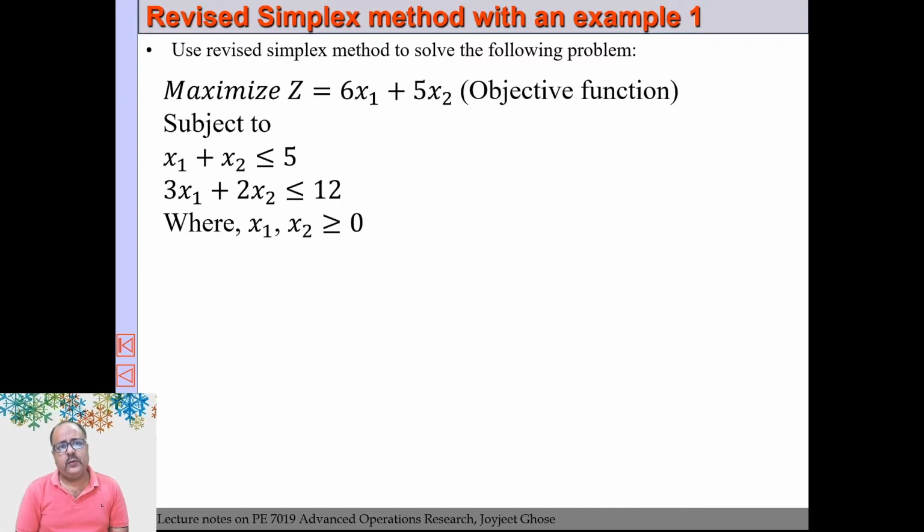If you use revised simplex method, the computational time decreases and it becomes easy, particularly when you are solving a large linear programming problem.